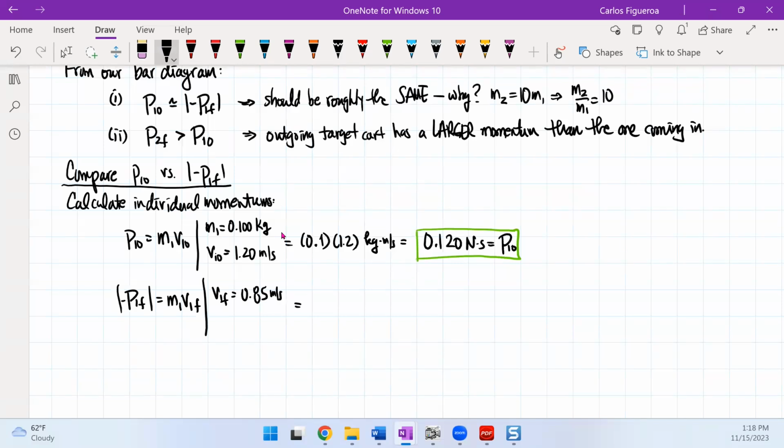So if I plug in these numbers here, and this will be in Newton seconds, this will then give me 0.8, oops, no, 0.085 Newton seconds, and this will be P1 final. Let me be careful now. It's going to be the absolute value of P1 final like this.